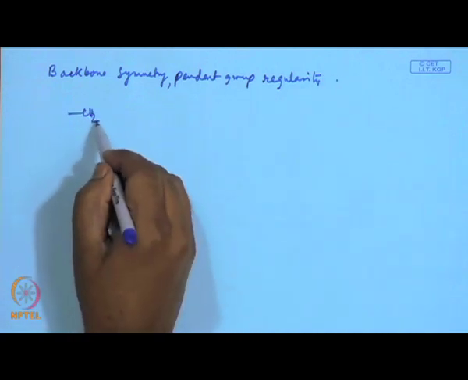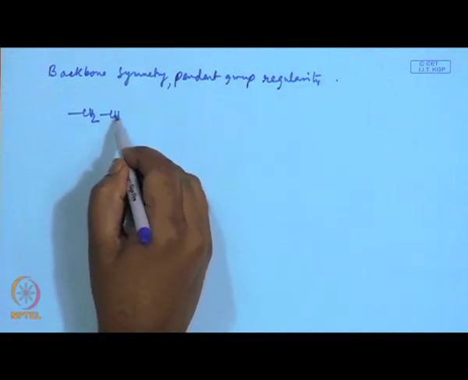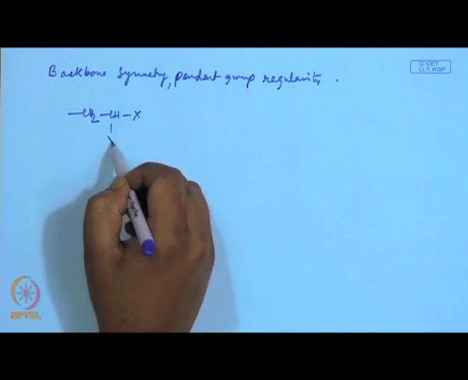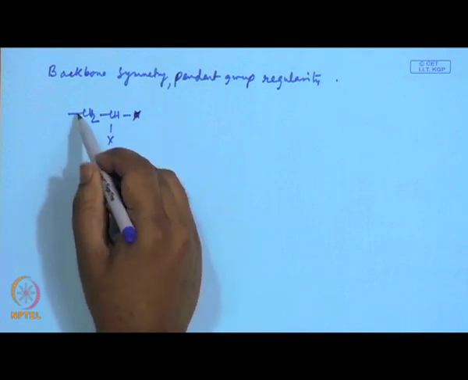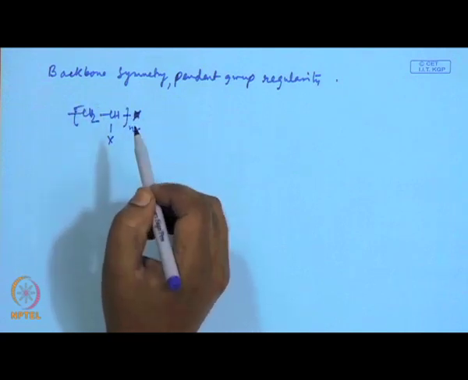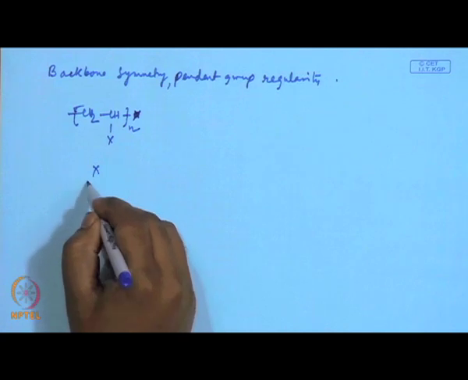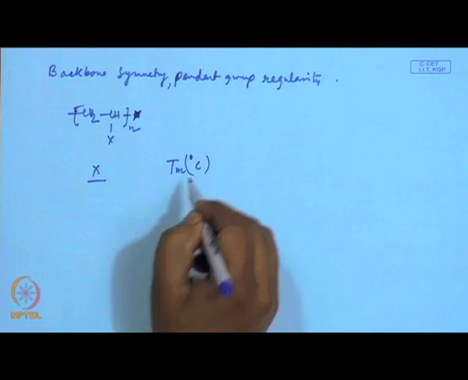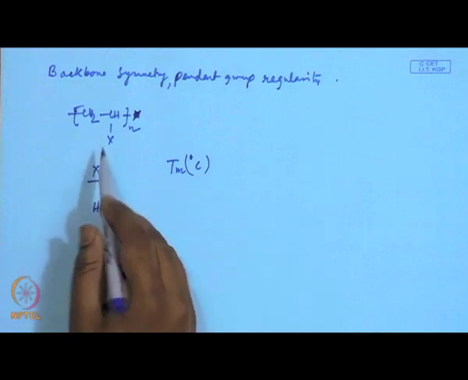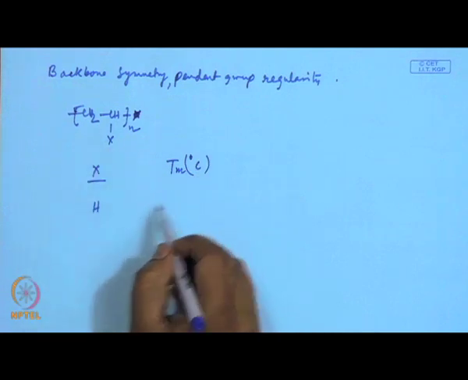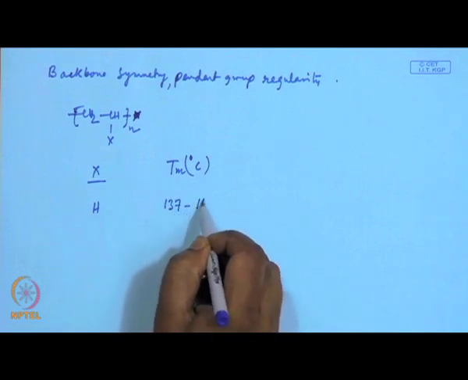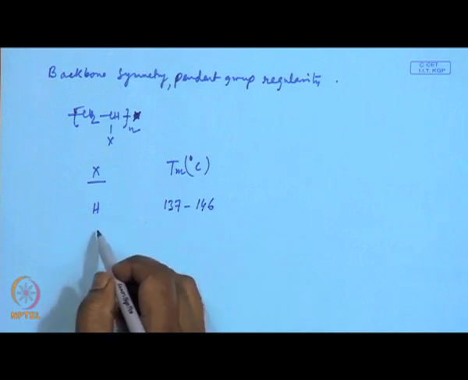If we consider this example, when X is H, that means polyethylene, Tm is 137 to 146 degree.